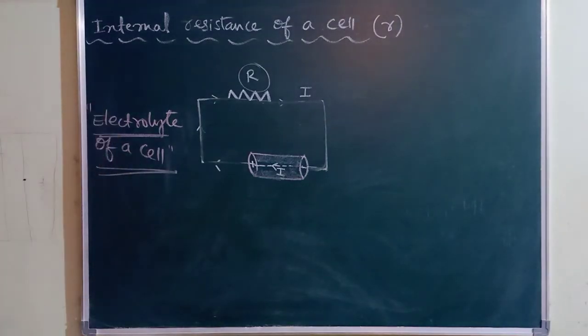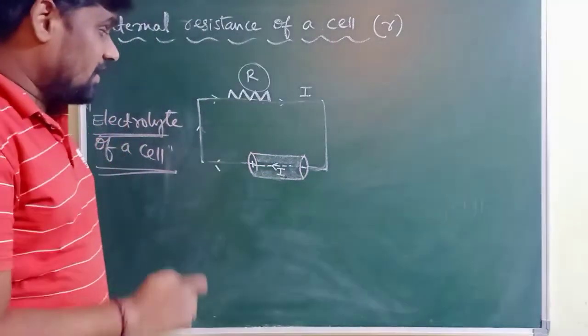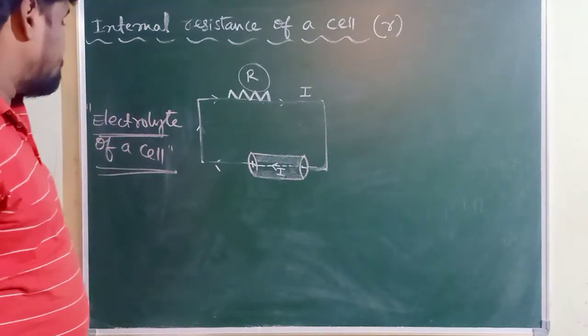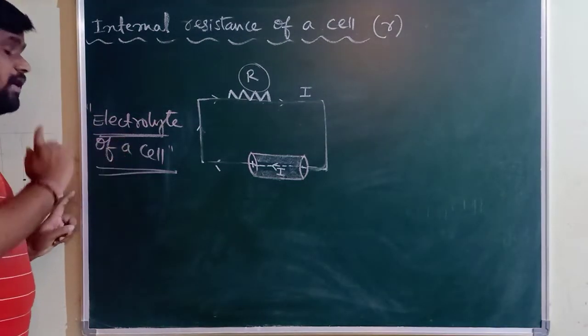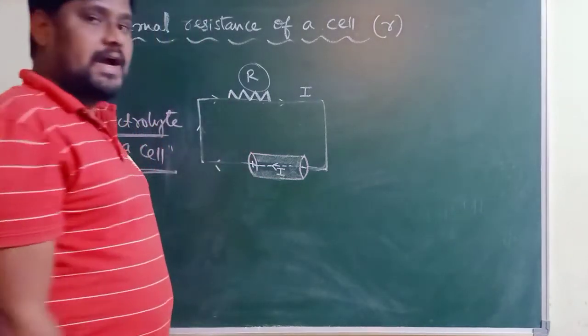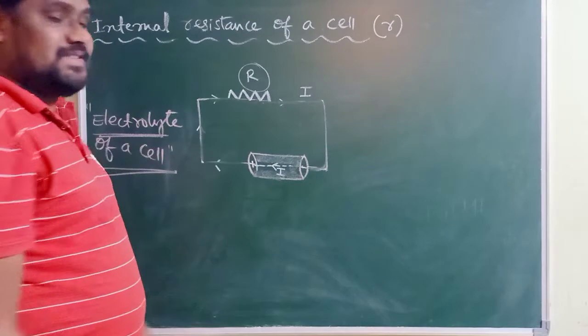Will you define what the internal resistance of a cell is? What is it? Resistance offered by the electrolyte of a cell for the flow of electric current inside the cell.